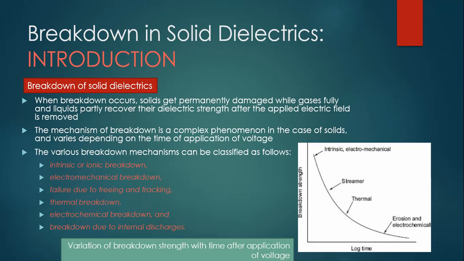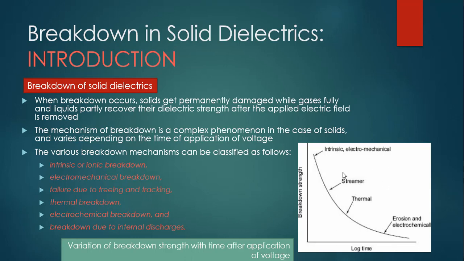The second is the electromechanical breakdown. Third is the failure due to treeing and tracking. Fourth is the thermal breakdown. Fifth is the electrochemical breakdown. And the sixth is the breakdown due to internal discharges.